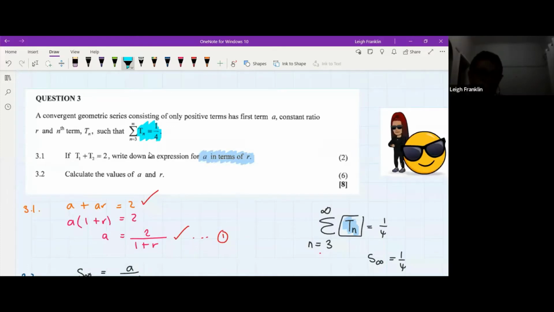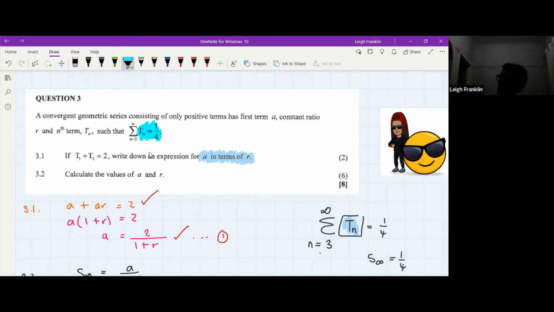So we know that there is a T1 and a T2. So the trick was the sum from T3 is 1/4. But we have to remember to add the 2 they gave us in 3.1 because there is a term 1 and a term 2. There has to be an A and a term 2. Yes, that's right. That's what it means.